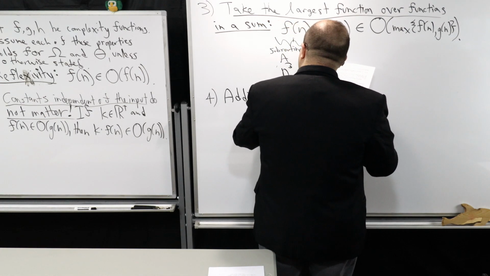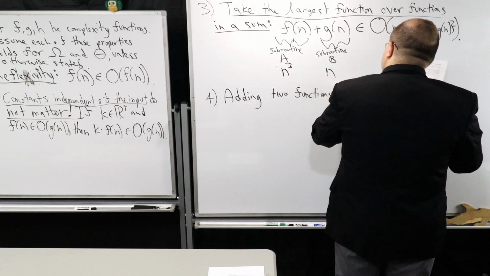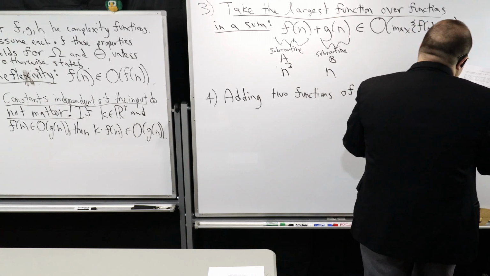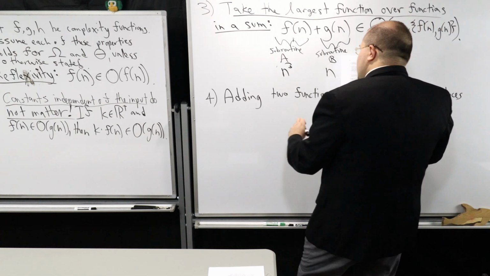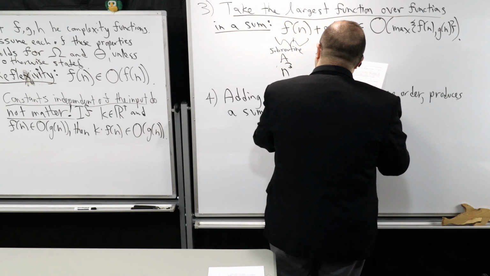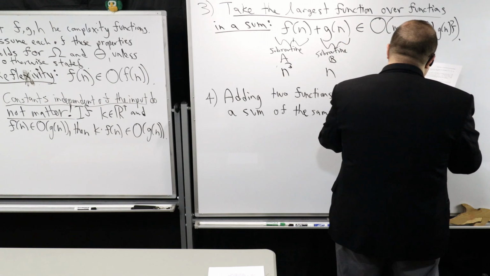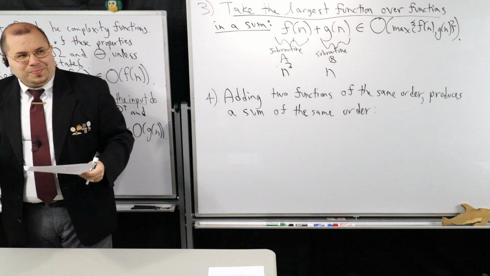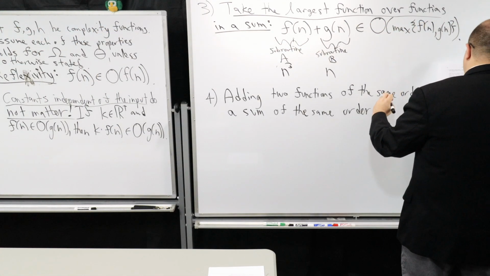Adding two functions of the same order produces a sum of the same order. So this sounds kind of like what I just described previously. It's quite similar. Let me describe it a little bit more formally for you.